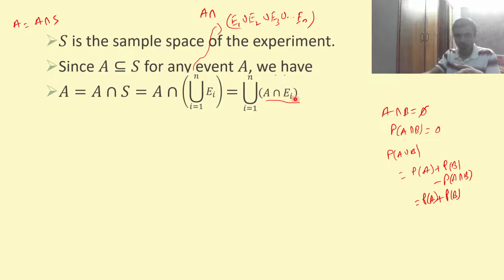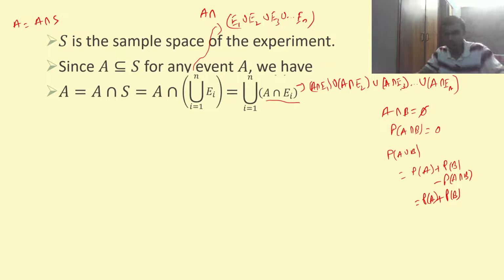Now listen carefully. What does this mean? This basically means that A intersection E1 union A intersection E2, sorry for the bad handwriting, union A intersection E3 and so on, union A intersection En. I hope it's clear.